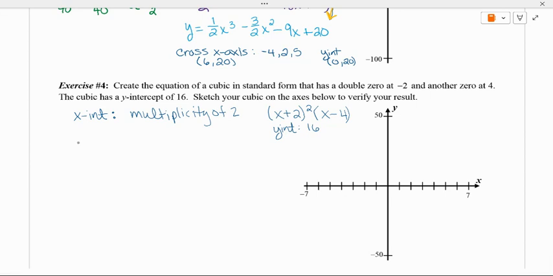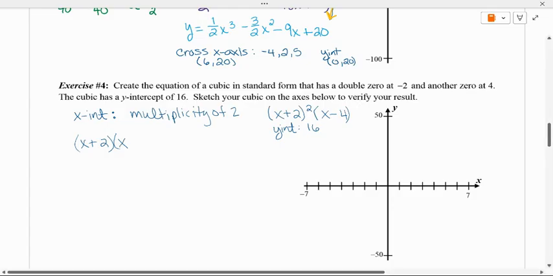So let's put it in standard form. I have x plus 2 times x plus 2. I'm going to FOIL. What's x times x? And x times 2. And 2 times x. And 2 times 2. So this becomes x squared plus 4x plus 4.